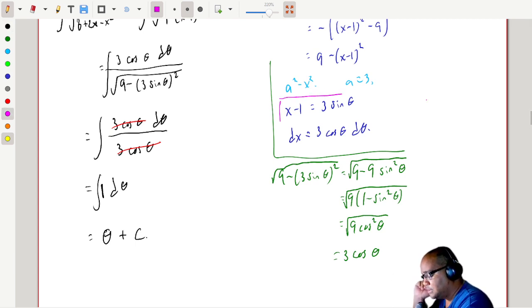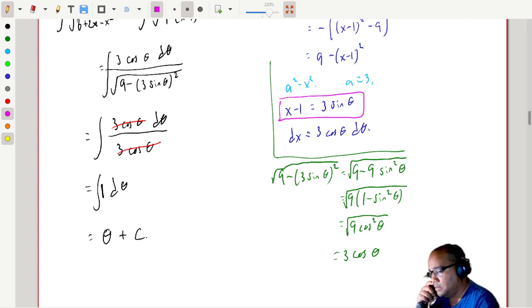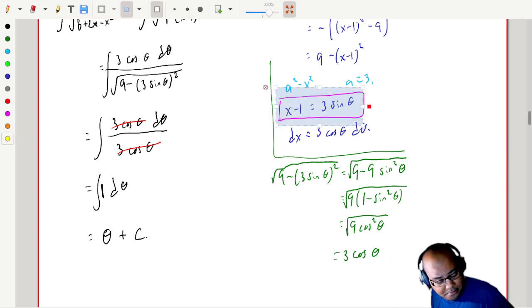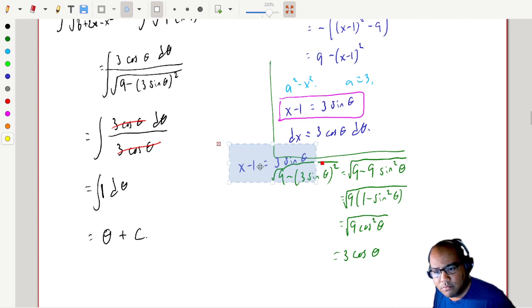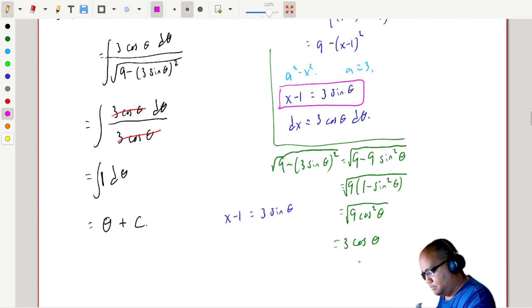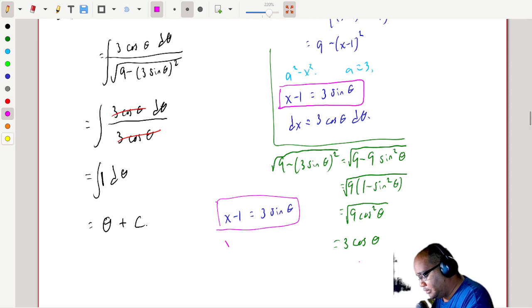Remember, take our original substitution. Let's write that down again. We take this, divide both sides by 3, and solve for theta. We don't need no stinking triangle here.